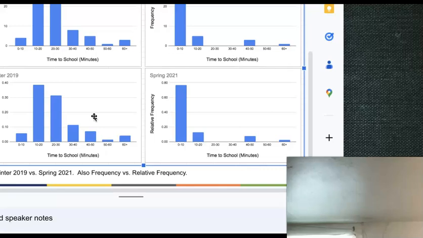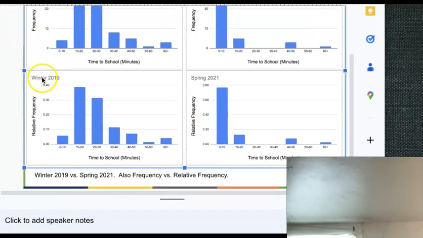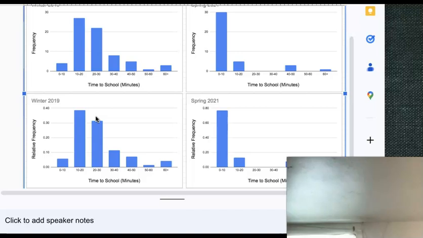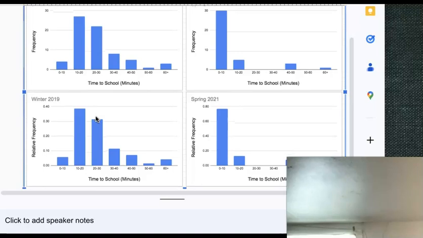And you can see that the vertical axis is now a decimal, and that really represents a percentage. But the shape of the graph is basically exactly the same. So not a huge difference between a frequency histogram or a relative frequency histogram.